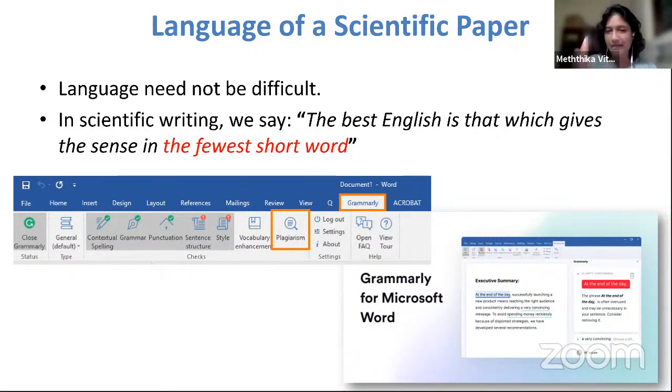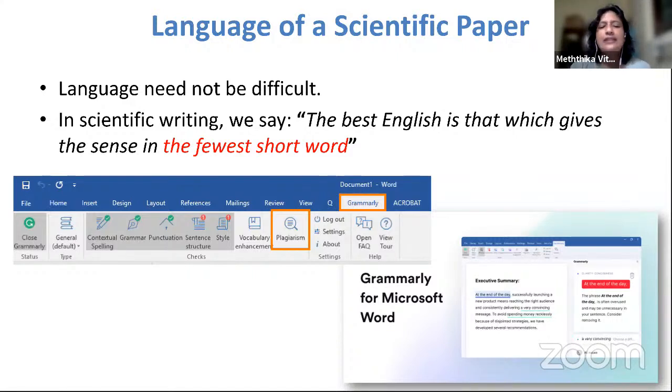If somebody else wears something new, we tend to say, okay, that's a nice dress, let's try that too. So we are following the style. So you need to follow the style. You need to follow the structure, right?